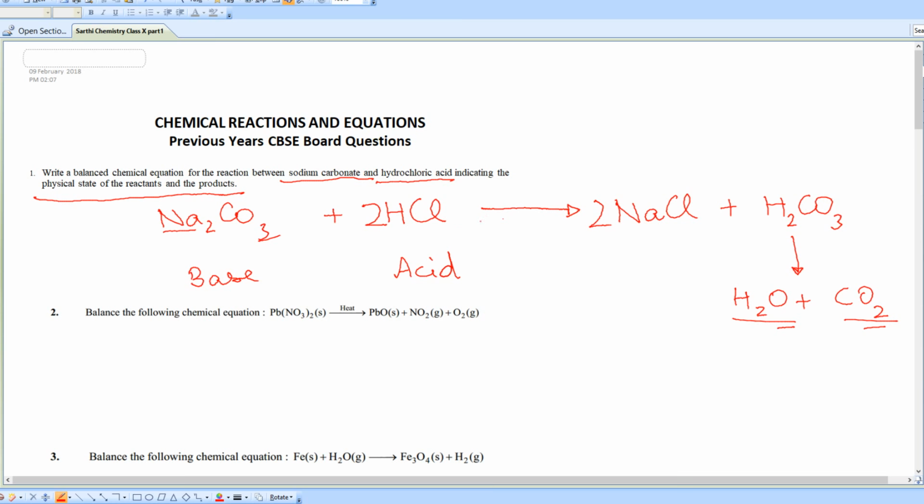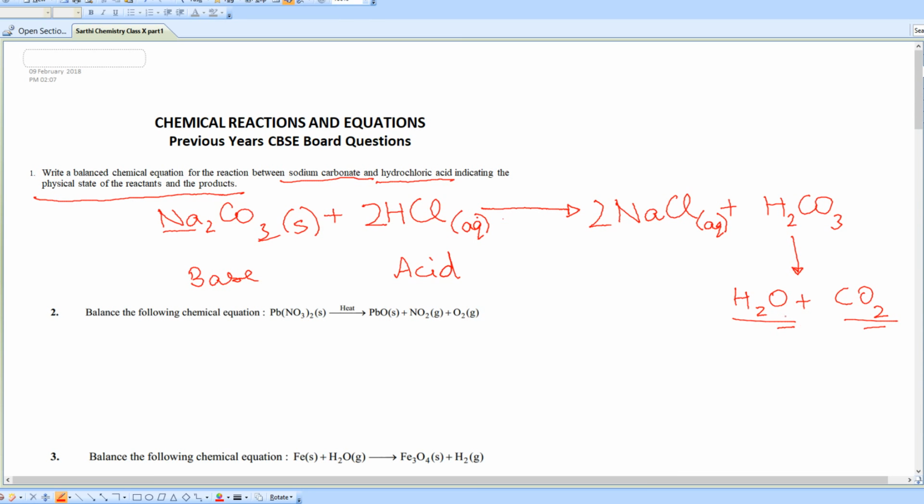So first we will write the chemical equation, then we will balance the equation, and lastly we'll mention the physical state of the reactants and products. Na2CO3, we all know it is a white solid. For HCl, we have a solution of HCl, so it will be in aqueous state. Now NaCl, which will be formed, will again be in aqueous state because it will be in the solution only.